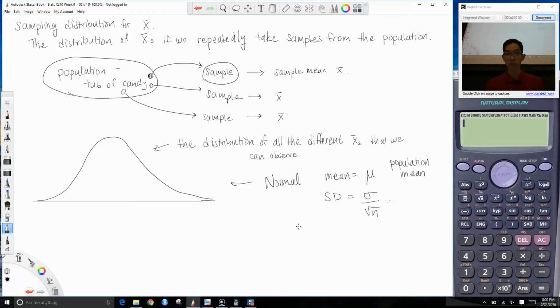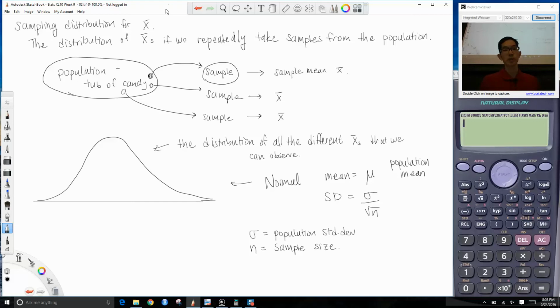Sigma is the population standard deviation, and n is the sample size. So what this says is that when you take a bigger sample, the spread of the x bars becomes smaller and smaller.